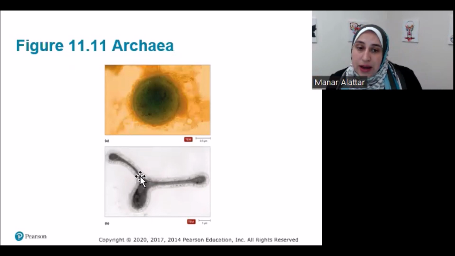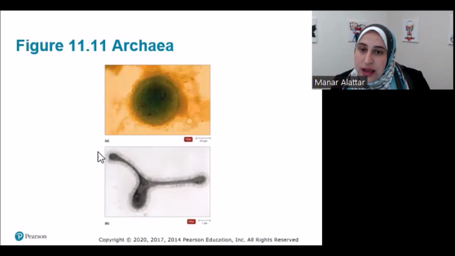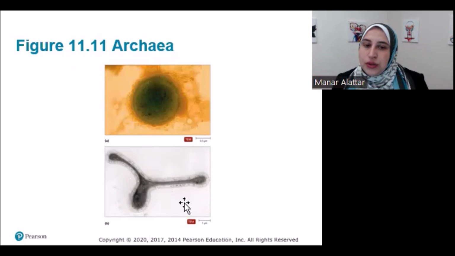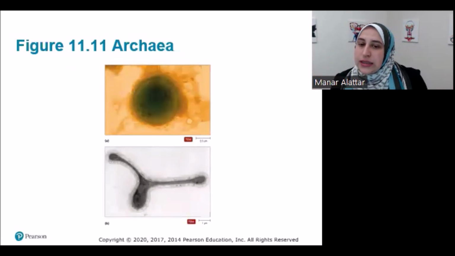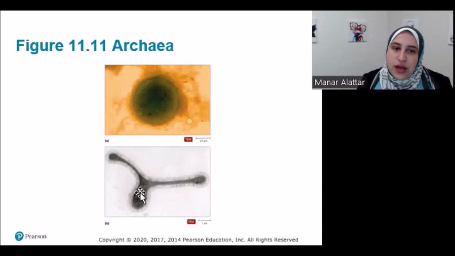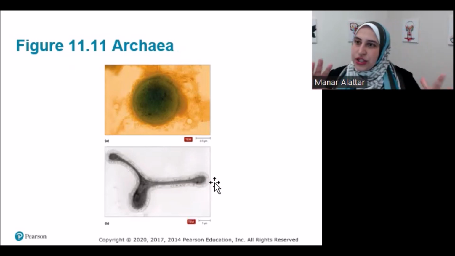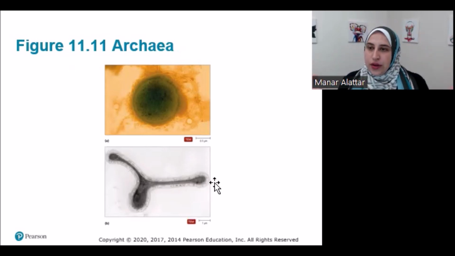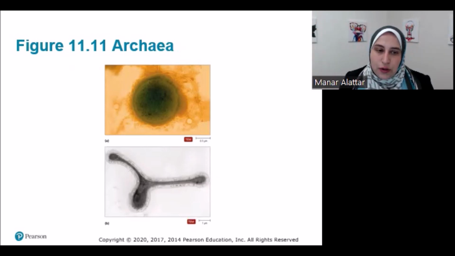And Pyrodictium actually has these stalks that extend out from its body that allow it to actually hold on to sulfur granules, because it uses sulfur as its final electron acceptor. And so you can see this is more of a pleomorphic organism, so it has a different shape or different set of shapes, and those stalks that come out of it allow it to utilize sulfur in its environment.